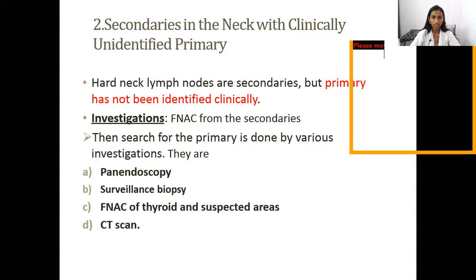So the investigations carried out should be FNAC from the secondaries, and then search for the primary is done by various investigations. They are pan endoscopy, surveillance biopsy, FNAC of thyroid and other suspected areas, and CT scan should also be done to know where the primary tumor is.